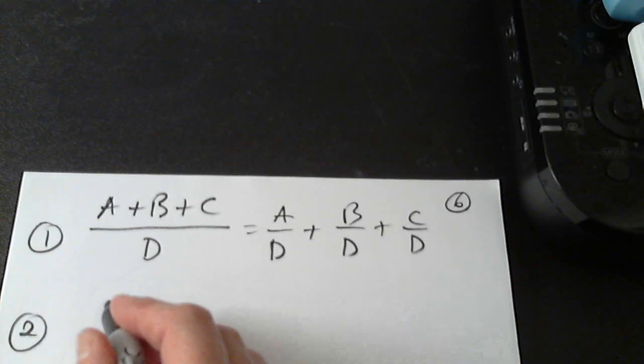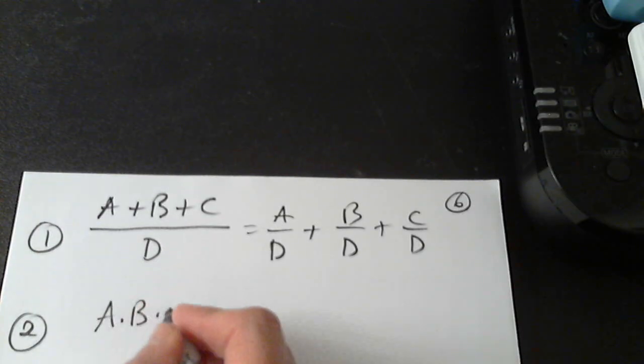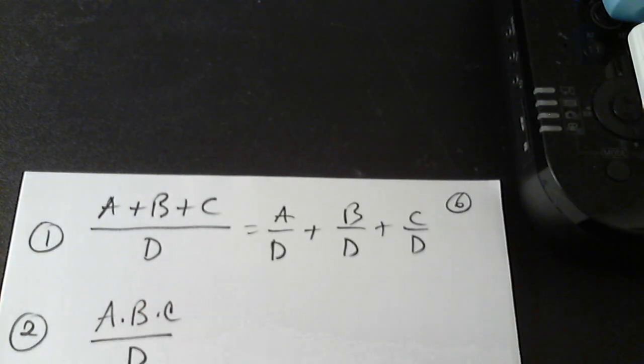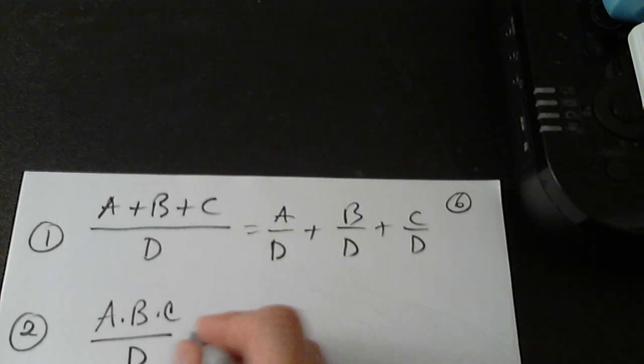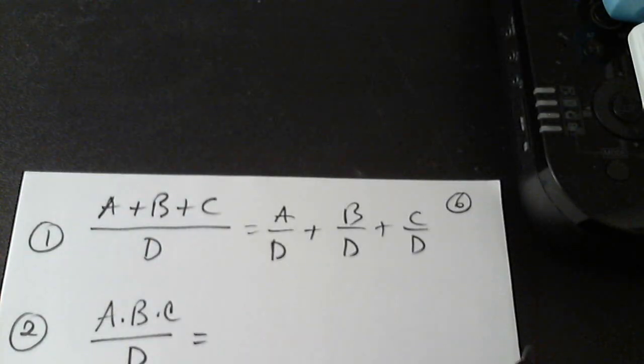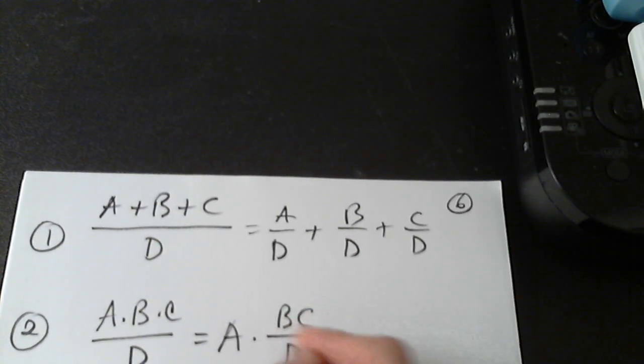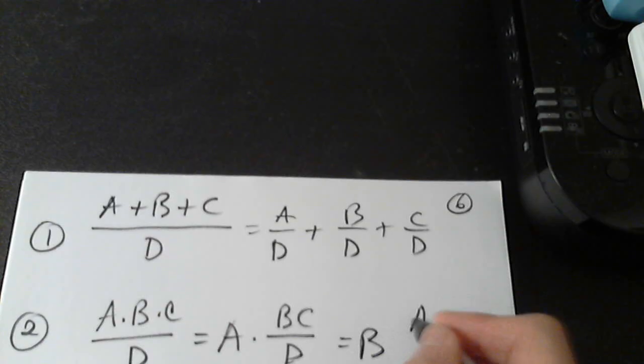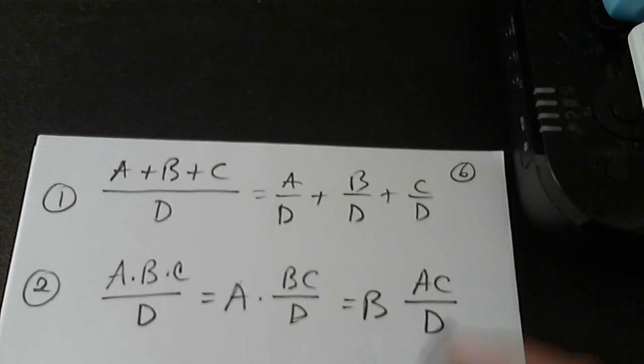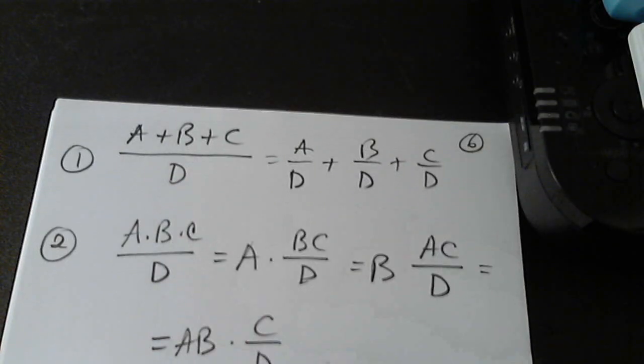Number 2, if I have, let's say, a times b times c divided by d, I can also rearrange this in many different ways. Here's one. Here's another. And I can continue forever. And maybe not forever, but ab times c over d. All these mean the same thing.